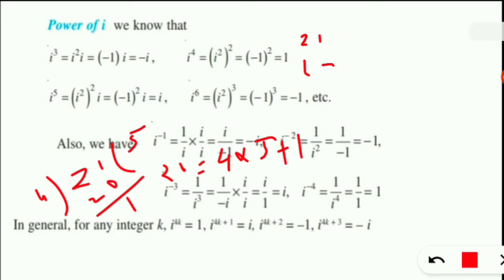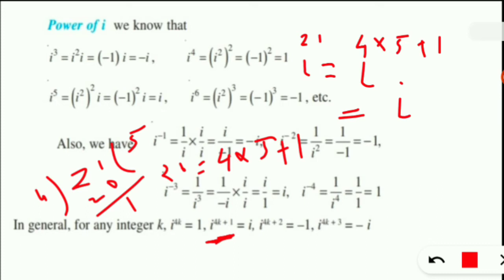So i to the power 21 can be written as i to the power 4 into 5 plus 1. This is the 4k plus 1 form, where k equals 5, so simply i to the power 21 equals i. Clear?